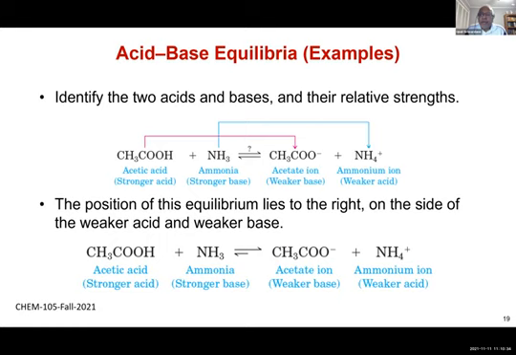So the weaker acid and base are ammonium ion and acetate ion. When you start with a stronger acid and base, they go to a weaker acid and base. So therefore, for weak acid-base equilibria, it lies most to the right.